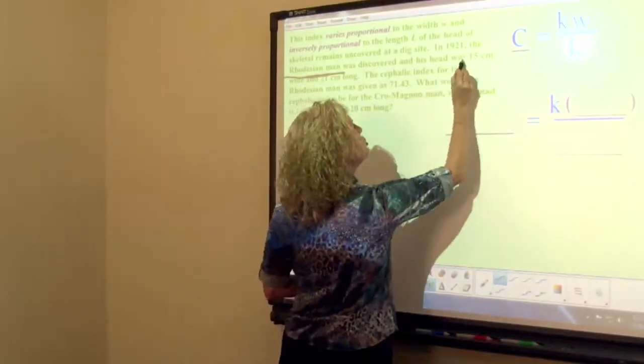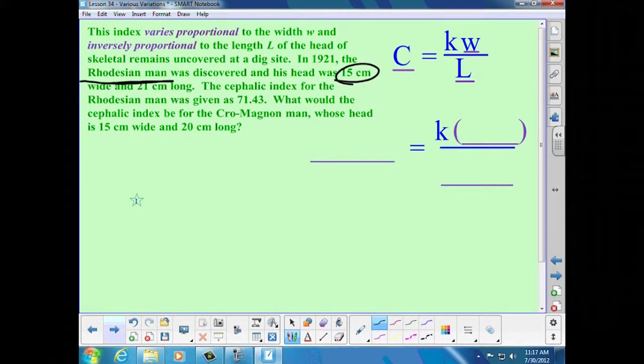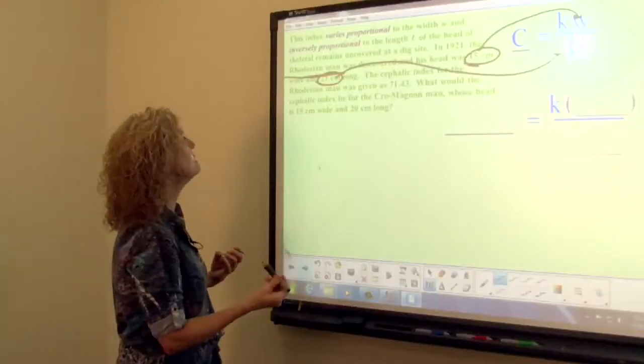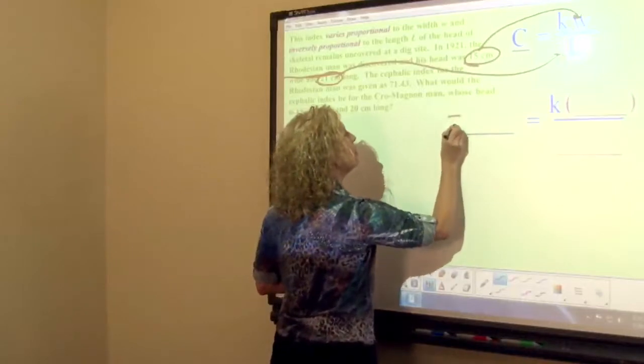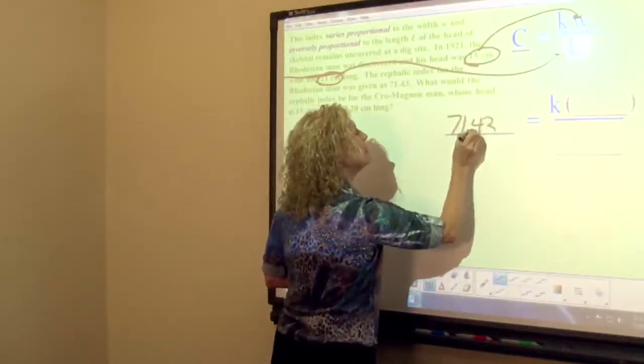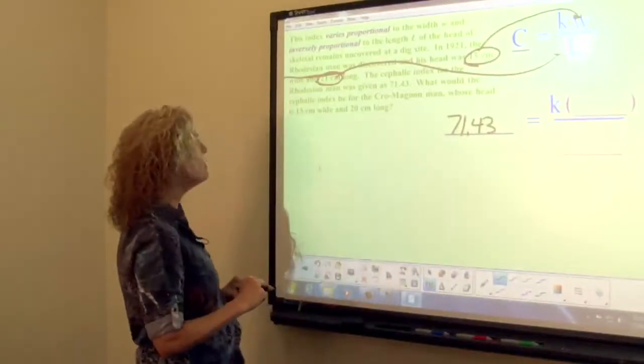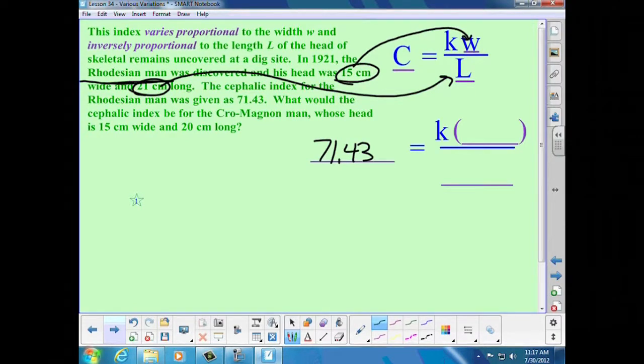So 15 centimeters wide goes in there, 21 centimeters long goes in here. And the cephalic index for the Rhodesian man was given as 71.43.